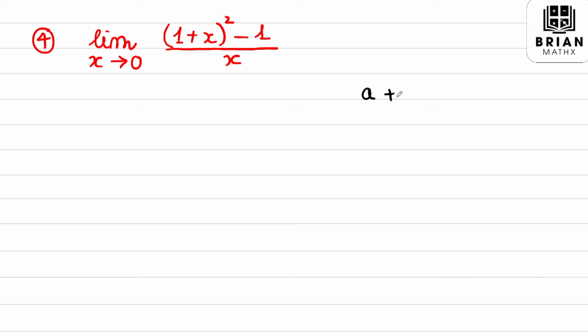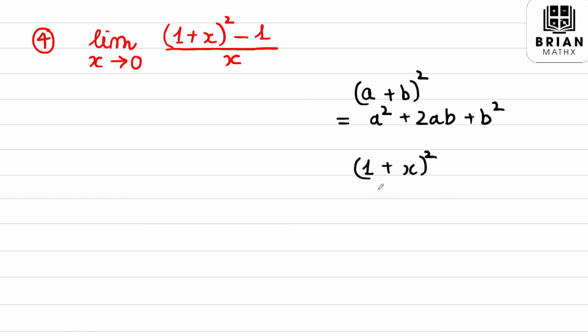I will apply the square of a sum: a plus b squared is equal to a squared plus 2ab plus b squared. So when I have 1 plus x squared in this equation, I get 1 squared plus 2 times 1 times x plus x squared. Simplified, you get 1 plus 2x plus x squared.